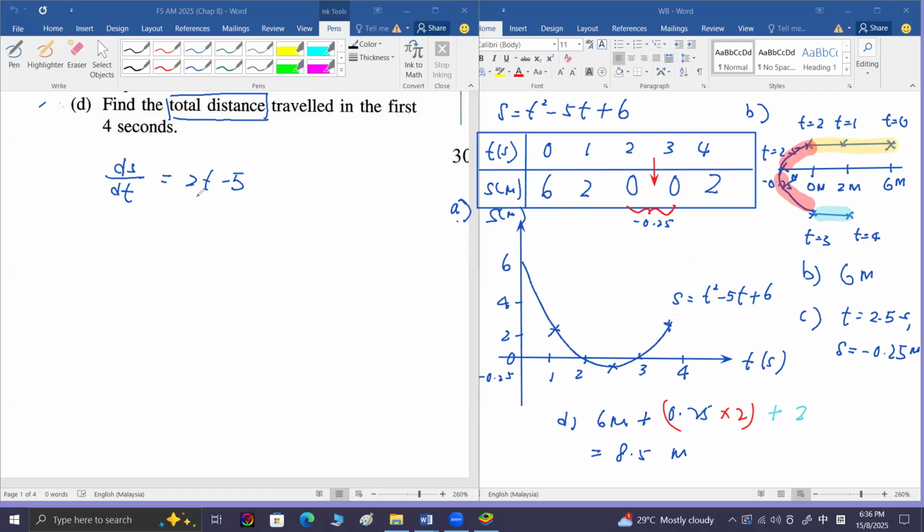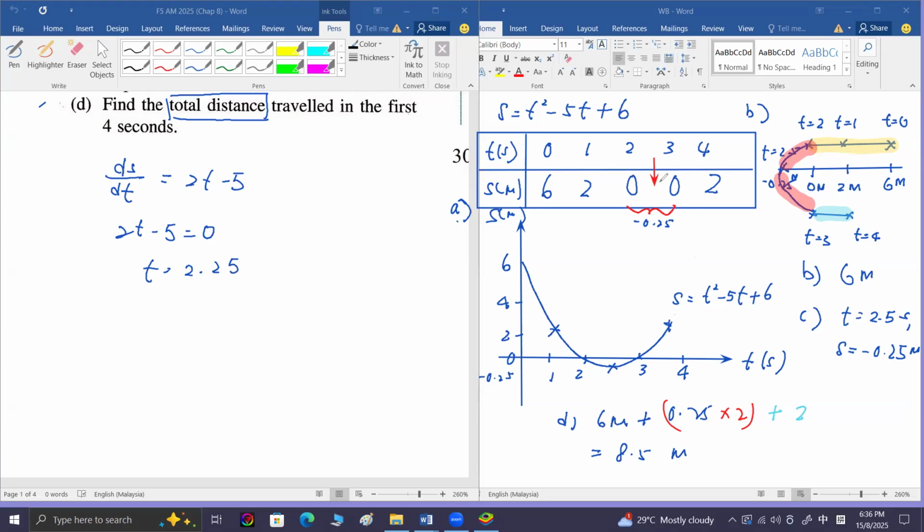First of all, you get ds dt. I hope you still remember what this is. Minimum or maximum point, remember? To get the minimum, this means we move to the minimum or the maximum point. ds dt is 0. When ds dt is 0, t is 5 over 2, that is 2.25.